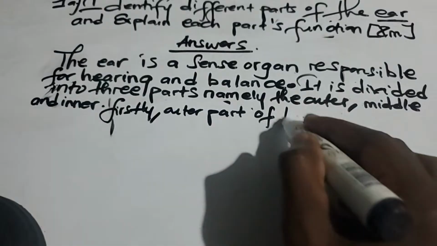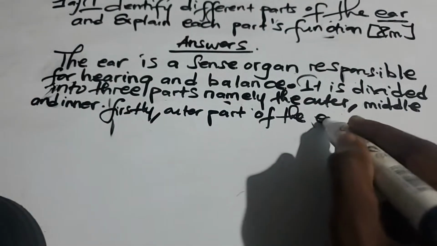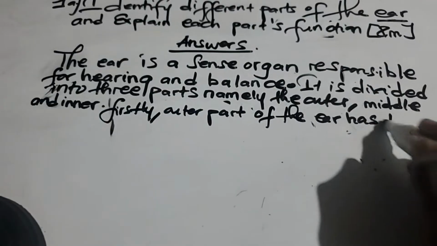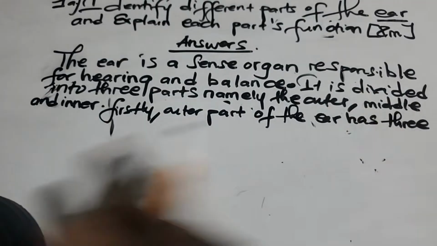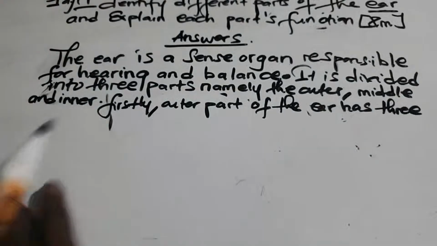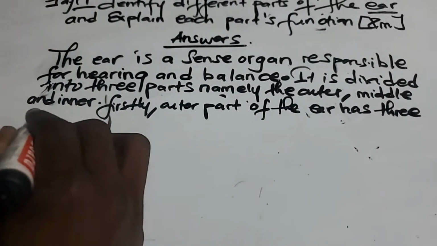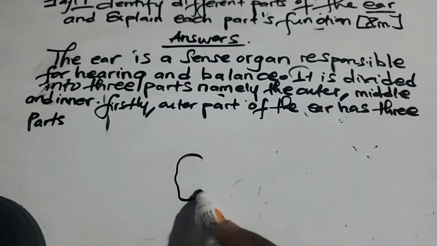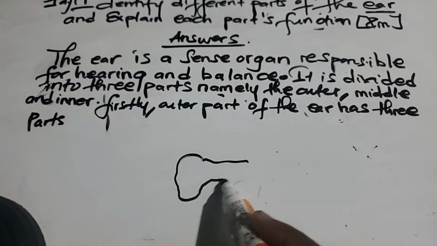The outer part of the ear has three parts, like what we had drawn.